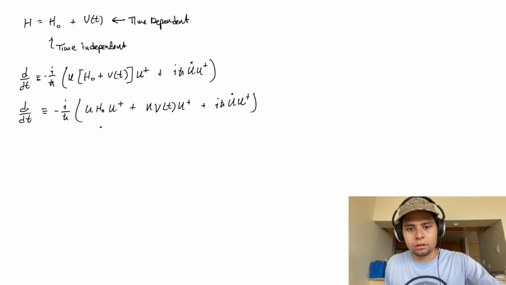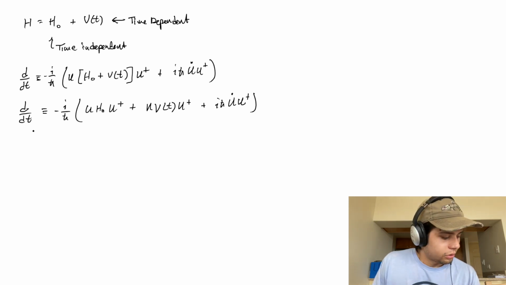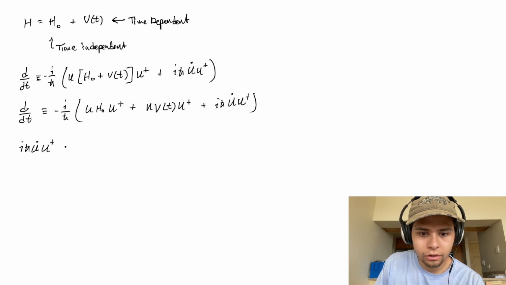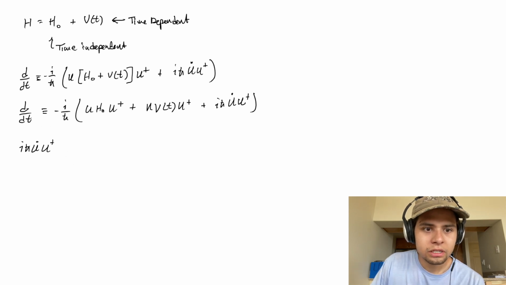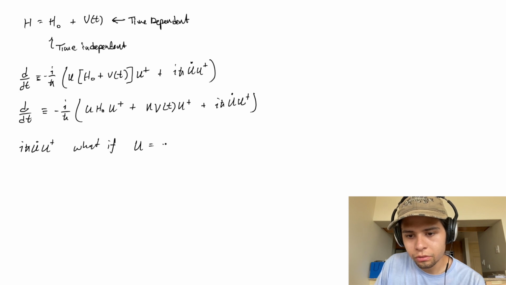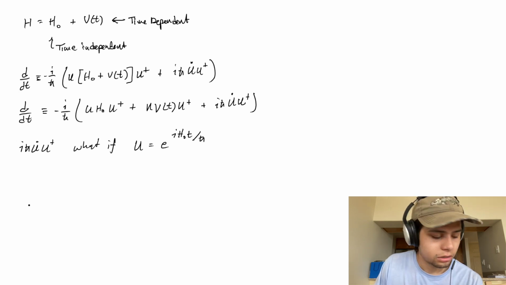So in order to do this, we're interested in i h bar U dot U dagger, and we're going to say, what if U was equal to e to the i H naught t over h bar. So we're going to plug this into this and see what happens.